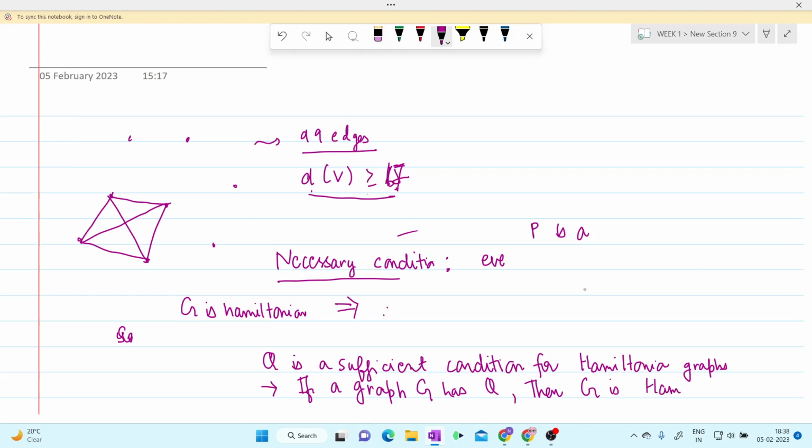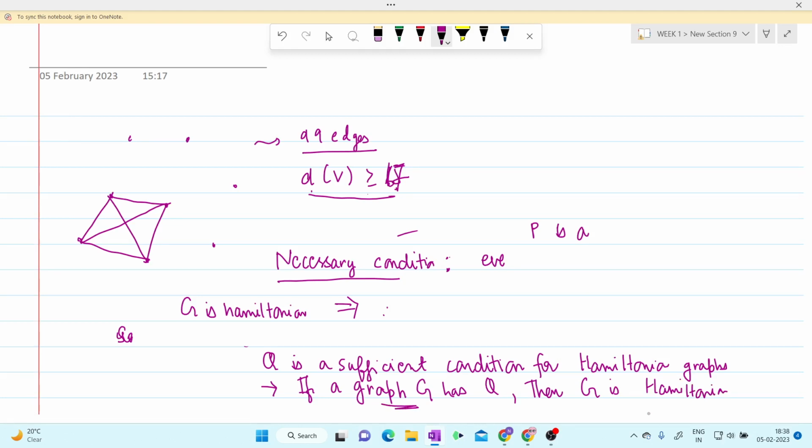So a sufficient condition need not be true for all Hamiltonian graphs, but if a graph has that condition, then we say that G is Hamiltonian.